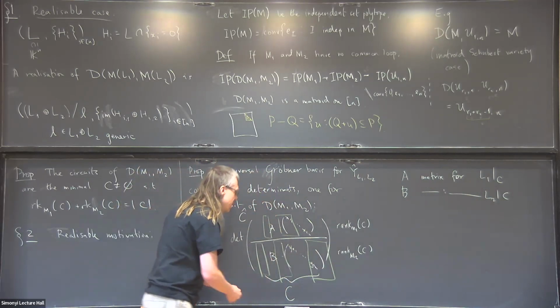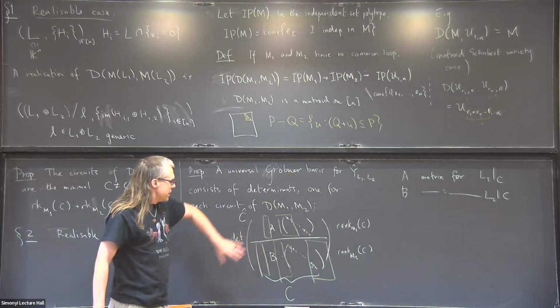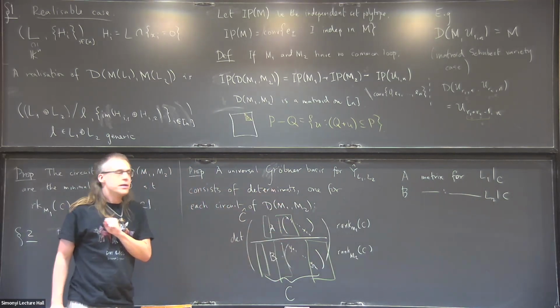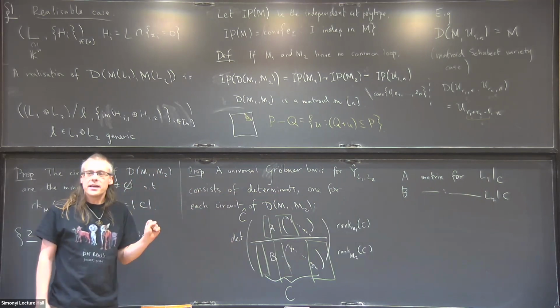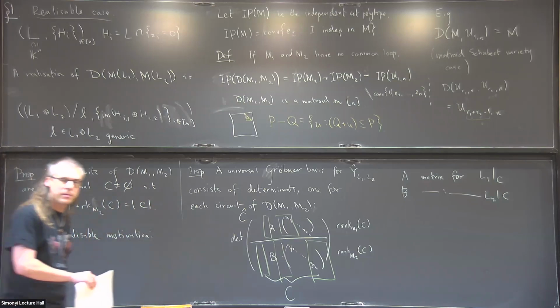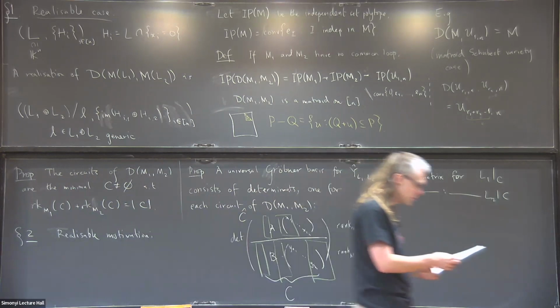So the terms are all of the form scalar times some x's times the complementary y's. Those are the initial forms. That motivates where we're heading by defining this W: we want to pick one of these initial forms for each circuit. That's why we want to define this delta W.